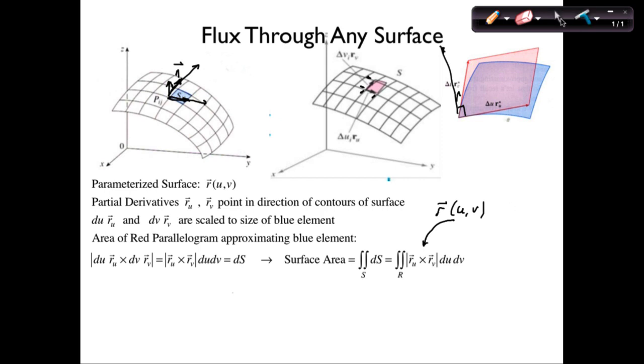Okay, now back to flux. So then a point area vector would be that area times n as the scalar, right? So n is a unit vector orthogonal to the surface. So n dS would be our point area vector.